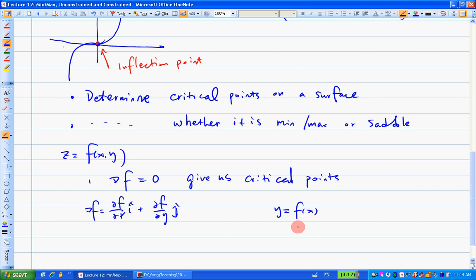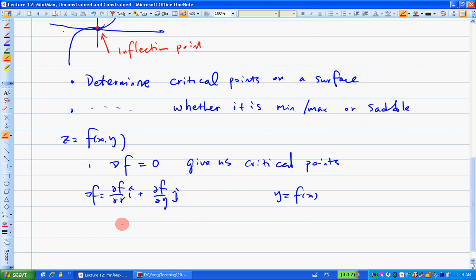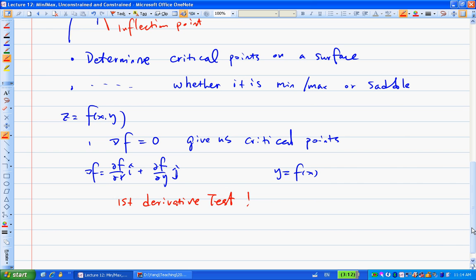That's how you determine the critical points. You take the derivative and then you set it to 0. That's essentially the same idea here. So we call this the first derivative test. First derivative test.